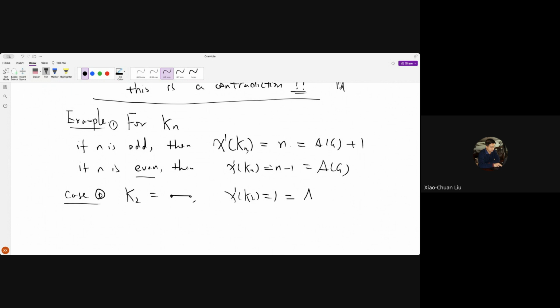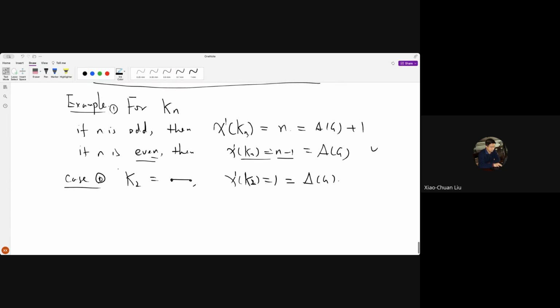Yeah, okay, it equals delta of G, right? n is even, and n minus 1 is 1. So this is kind of the case 0.